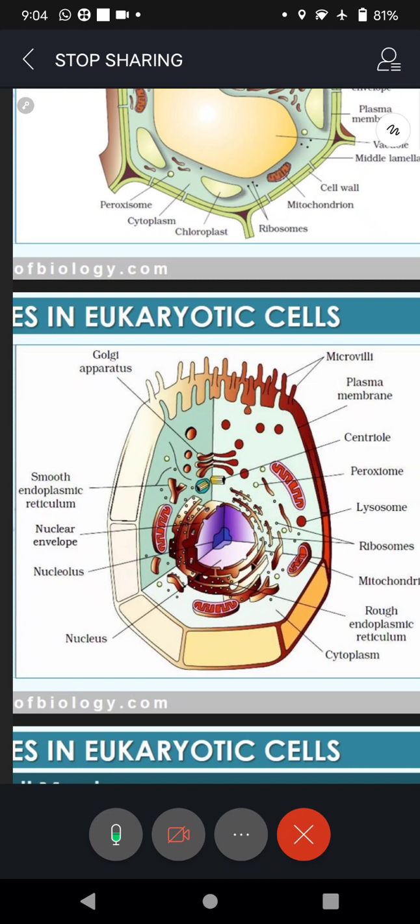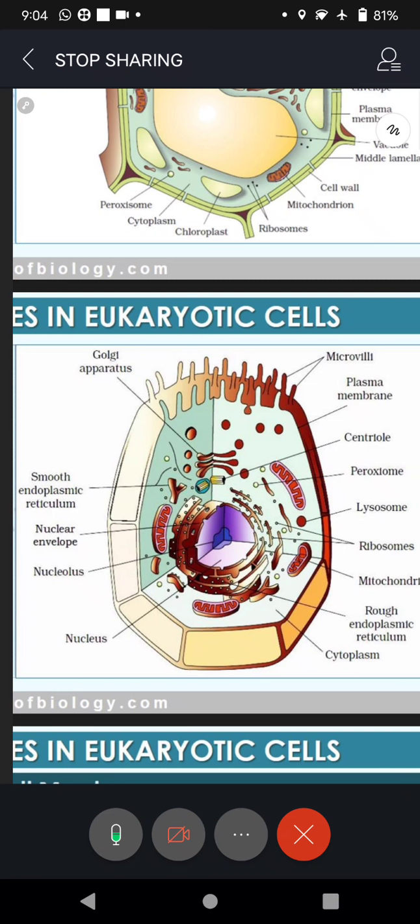Talking from outside, periphery. Okay? You know that in plant cell there is cell wall, whereas here, search for cell wall. What is the outermost layer here? All of you are observing the diagram. What is the outermost one? Cell membrane. Here we have labeled it as plasma membrane. Okay?